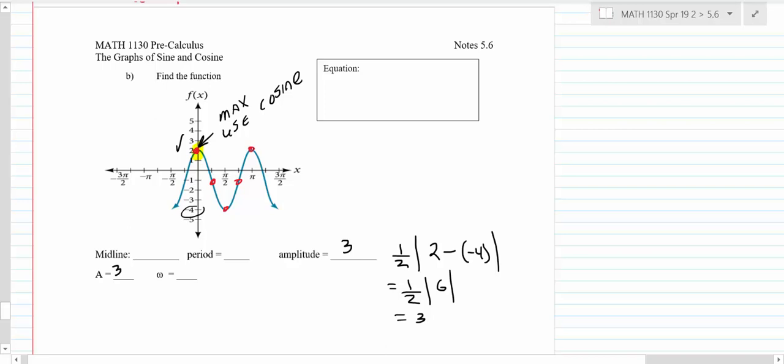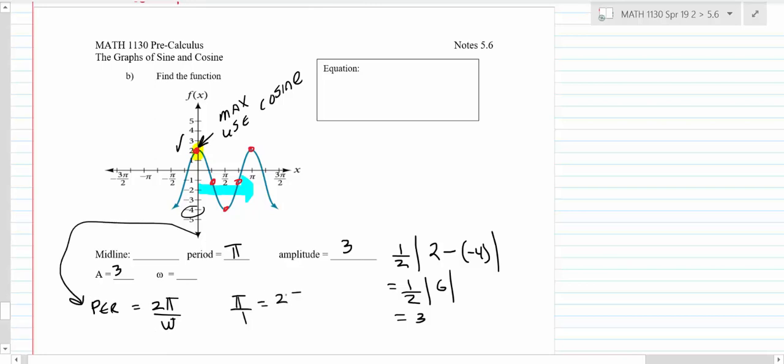What is the period on this then? It's the distance from there to there on the x-axis, which is pi. So that's different now. Okay, so we have to use the formula period equals 2 pi over omega to find what omega is in our formula. Then we can wrap it up then. The period is pi, so I have the equation pi over 1 equals 2 pi over omega.